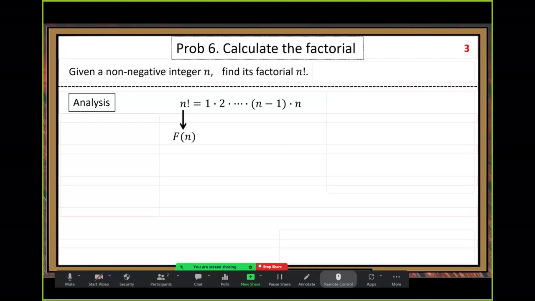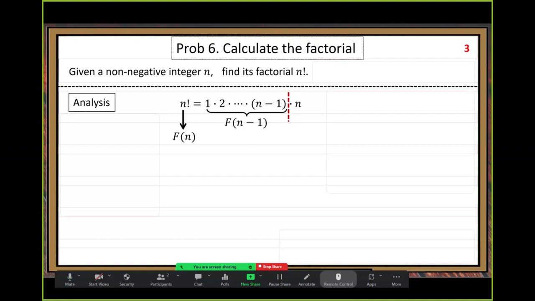This vertical line is a divide line. So we divide our data into two parts. After this cut, we split our data: the first part has n minus 1 numbers, and the second part has only one number. That's one of the divide ways.